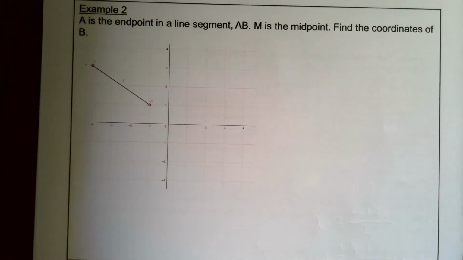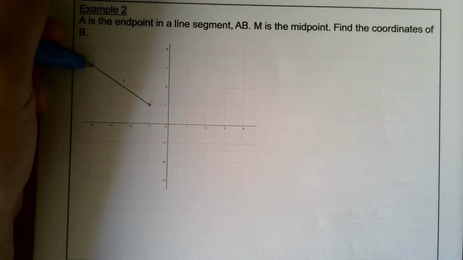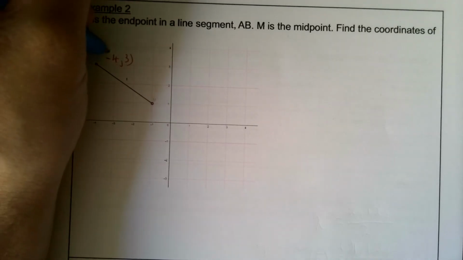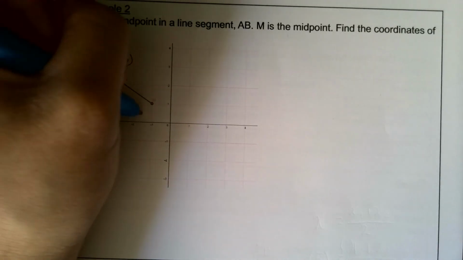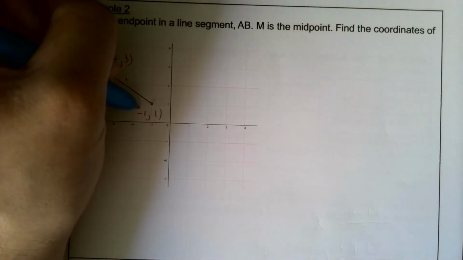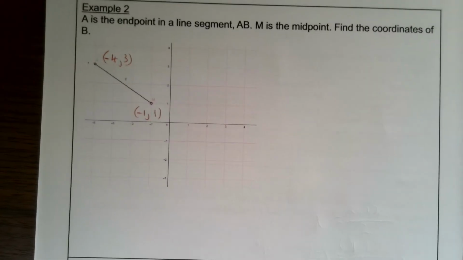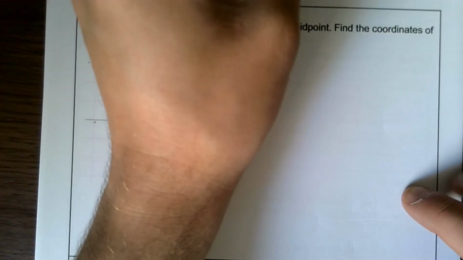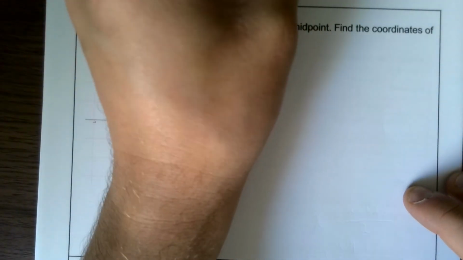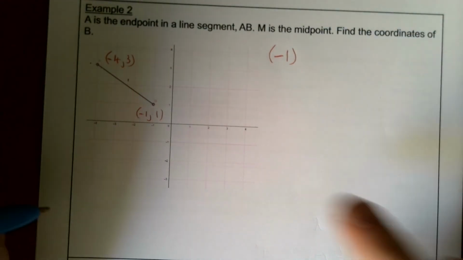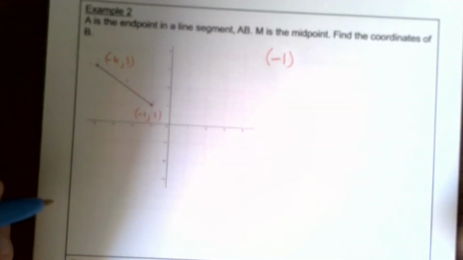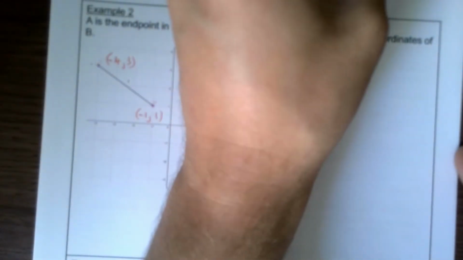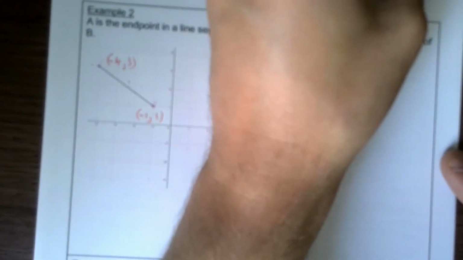Okay, so the coordinates of A are -4, 3, and the coordinates of M are -1, 1. So you can see why I picked this one. We're dealing with negatives now. Okay, so -1, that's my coordinate for the midpoint, the x term, equals -4 plus x.